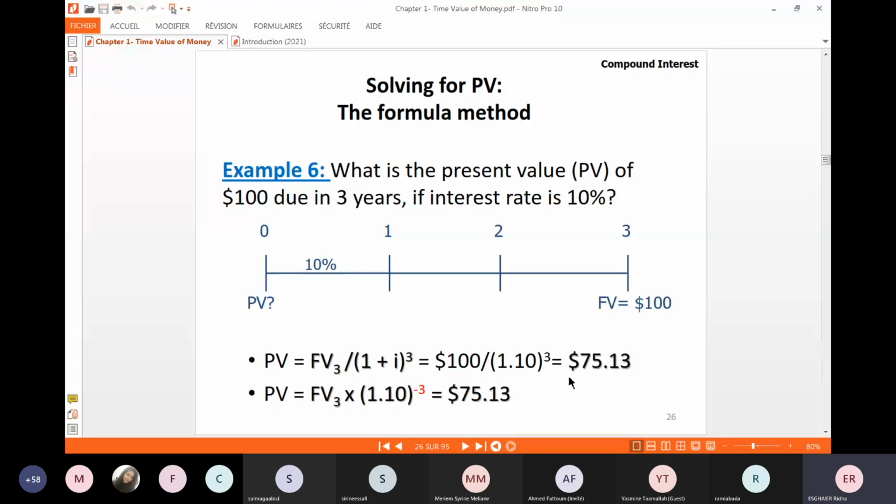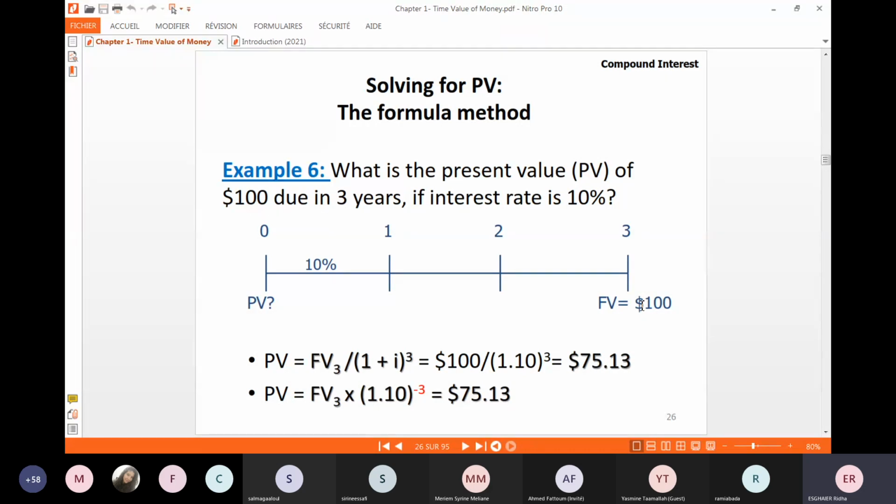So if you invest 100 today at 10%, the obtained amount will not be 100, it will be higher than 100. It will be $133.1. It's not 100.